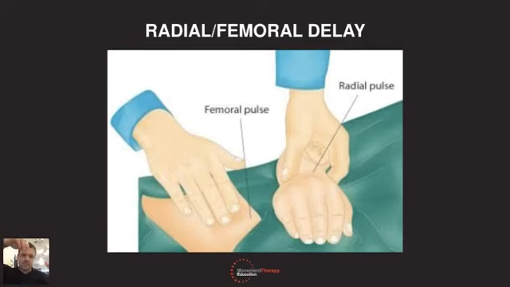If there's a delay, so you're feeling the radial pulse, and then there's a gap, and then a weak femoral, there is a problem somewhere between the radial artery in that arm and somewhere along that network of blood supply. You wouldn't be able to tell where, but you would just know that there is something wrong. So you can do a radial femoral check.